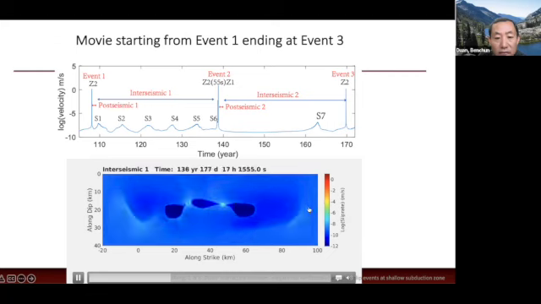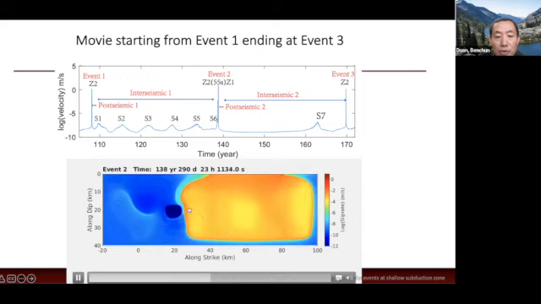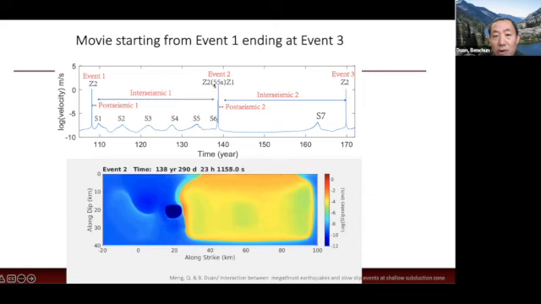You have SSE 5, and also SSE 6, those movements. So finally, a rupture nucleated around Z2. This is event 2. This rupture propagated toward Z1, but paused for almost 1 minute.